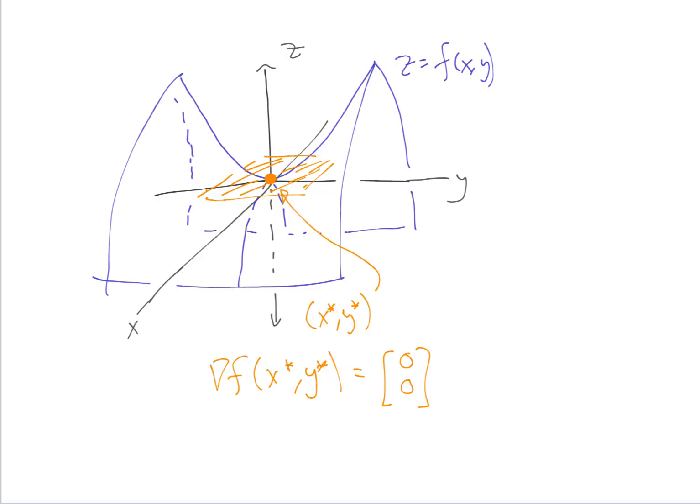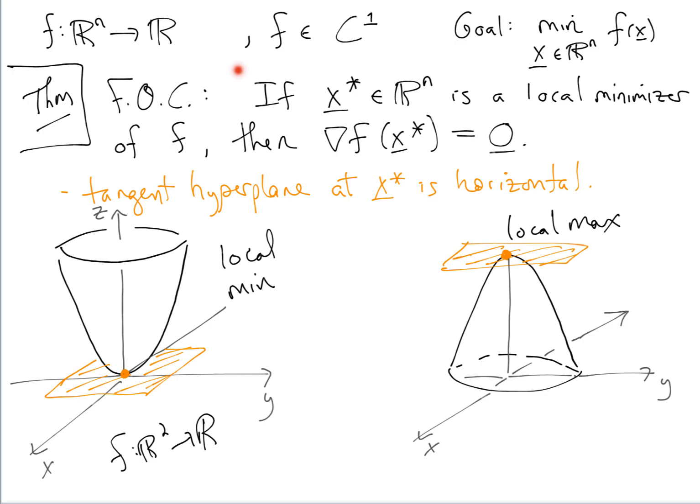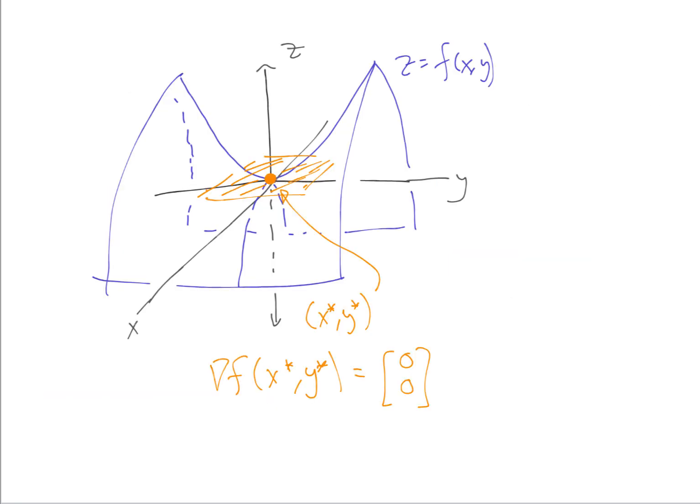So, for such a function that is continuously differentiable, if, again, x star is a local minimizer, you have to have a horizontal tangent plane at x star. But having a horizontal tangent plane at x star is not sufficient to conclude that x star is a local minimizer, because it could also be a local maximizer or a saddle point.